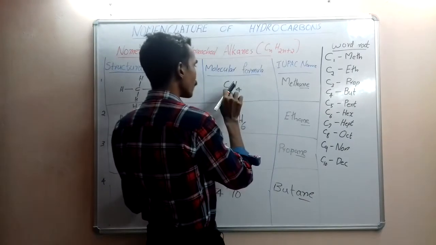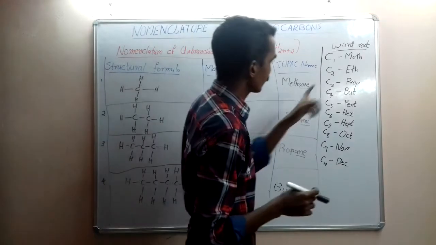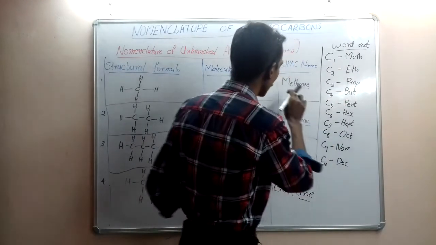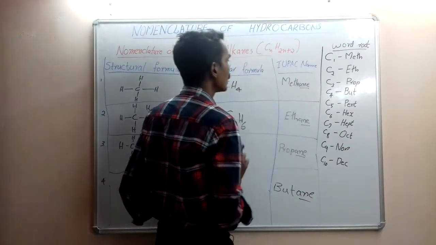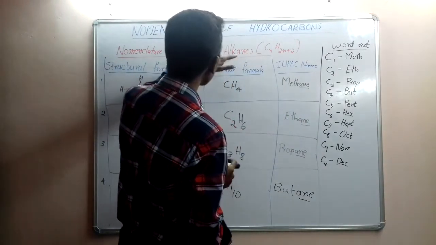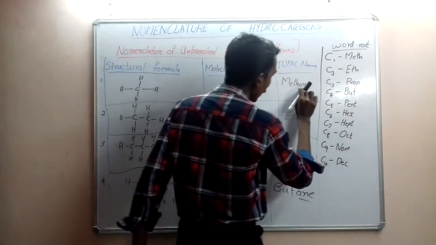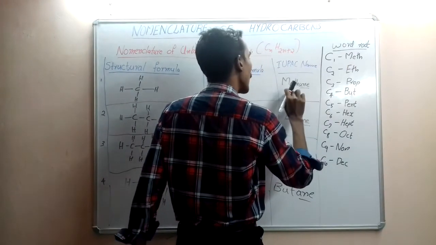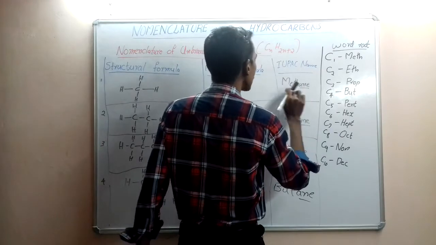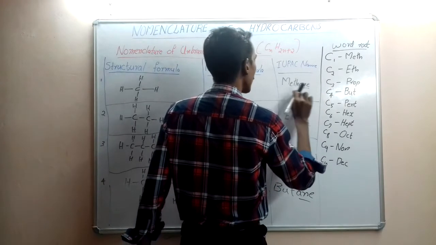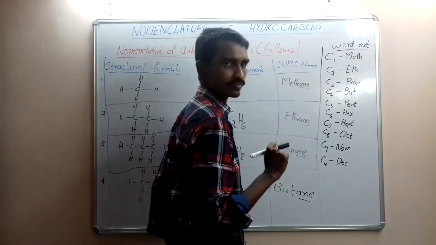First, it is only 1 carbon. Only 1 carbon, we call the word root meth. So meth is written here, and the suffix of alkane is ANE. So along with this word root, we have to write a suffix. It is the IUPAC name of that compound.